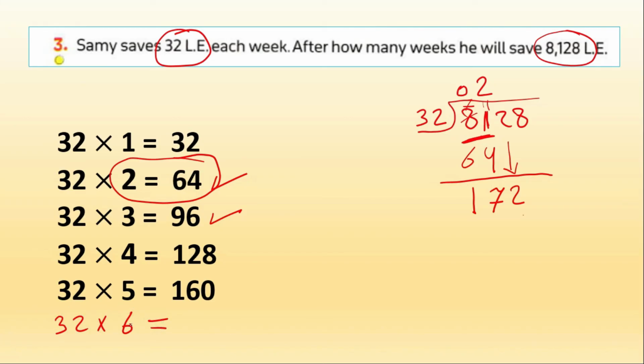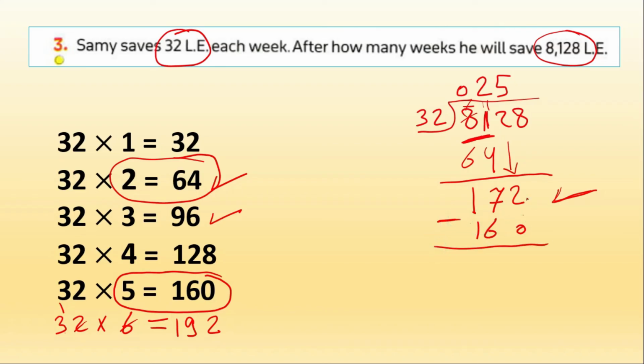Okay, let's see how we do this multiplication. 2 times 6 equals 12 and carry 1. 3 by 6 is 18 plus 1 is 19. We needed 172, right? Would 192 work? No, it won't work because it is greater. We take the smaller one directly, which is 5 and 160. 5 up and 160 down, and subtract: 2 minus 0 is 2, 7 minus 6 is 1, 1 minus 1 is 0.